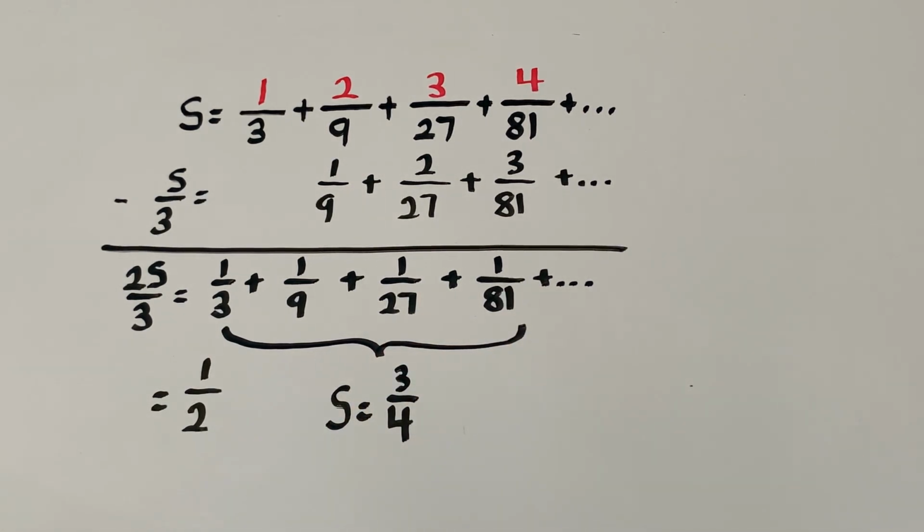But we have to be very careful because S equals 3 over 4, but that's not the final answer because we were not trying to find S, we want to find 2 to the S. So it's time to take this value of S, plug it back into 2 to the S, and that will give us the correct final answer.